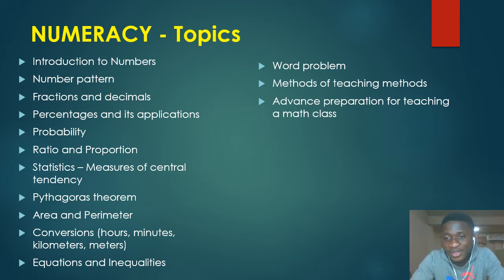It's very easy to understand, and I'll possibly use maybe 3 minutes to finish teaching that, and you would love it. You also look at area and perimeter of various shapes, then the features that each of the shapes possess, and I wouldn't pay so much attention to conversions, hours, minutes, kilometers, meters, and all those things. But I saw a few questions under that, and you'd be good to go.